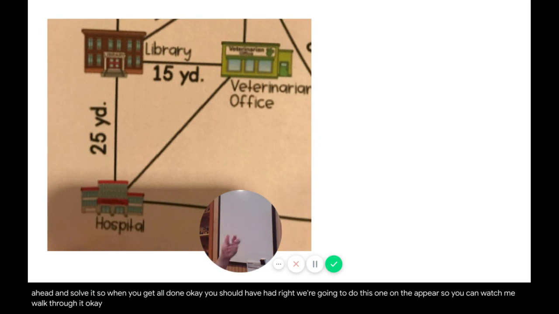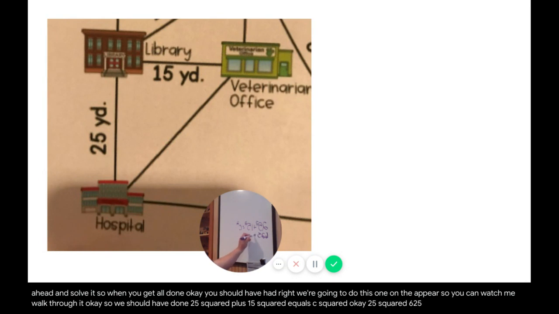Okay, so we should have done 25 squared plus 15 squared equals c squared. 25 squared is 625 plus 15 squared is 225 equals c squared.